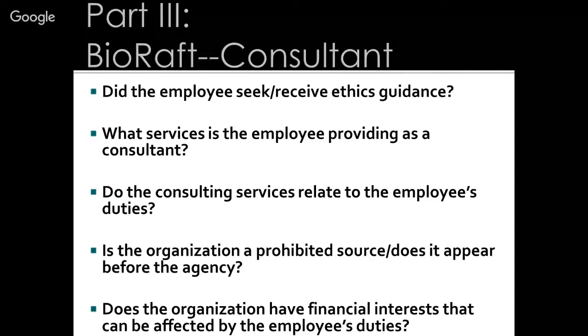And one thing I just wanted to highlight for folks, I know we're running out of time here, is there's an example in our outside activities regulations at 2635.802 under conflicting outside employment and activities, and it's example 2, and it addresses a position that's very similar to the one that we're looking at here with our employee.